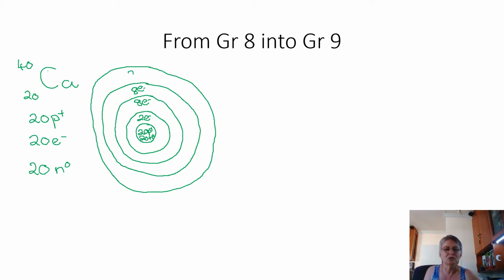So to take it to 20, there must be 2 more electrons. And we said the electron structure is 2, 8, 8, 2.